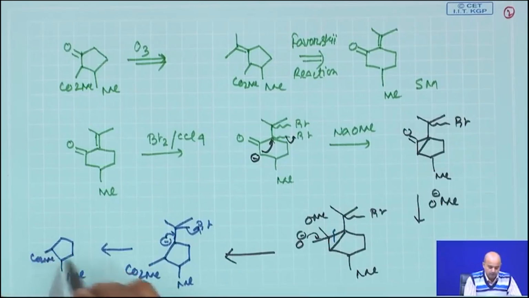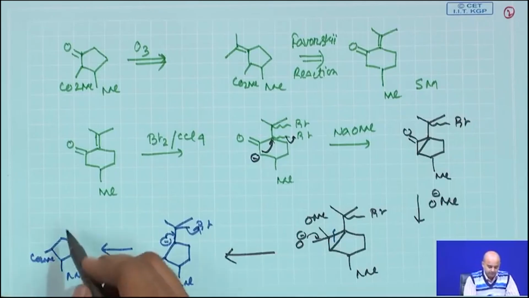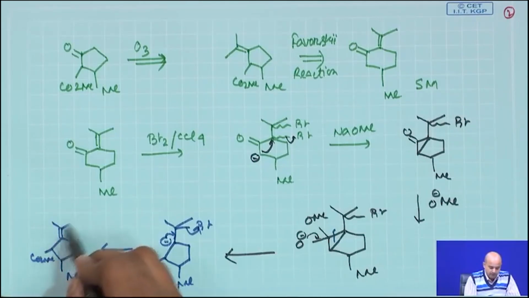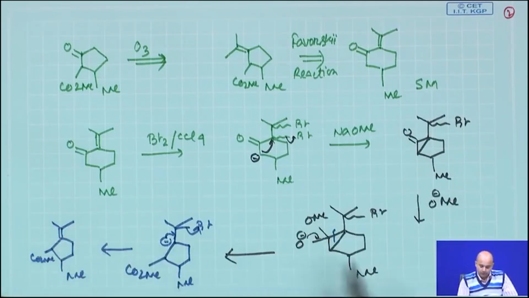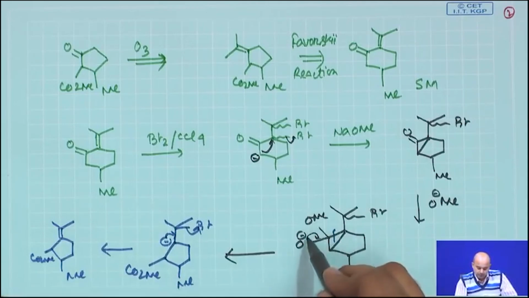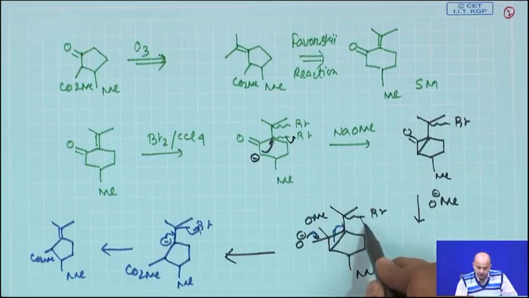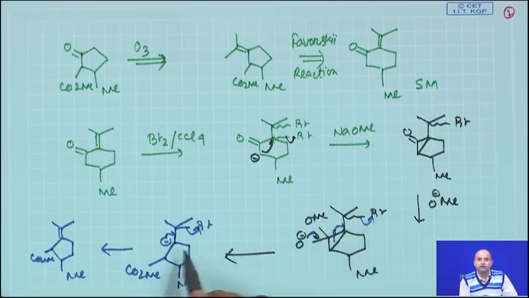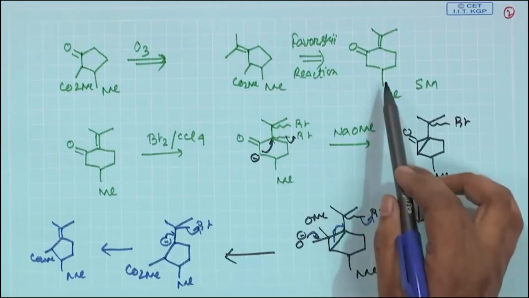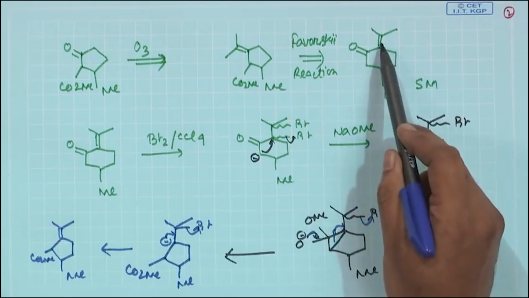MeCO2Me remains there. The reaction basically goes in one shot, this bond directly transfers here, and bromine is liberated.